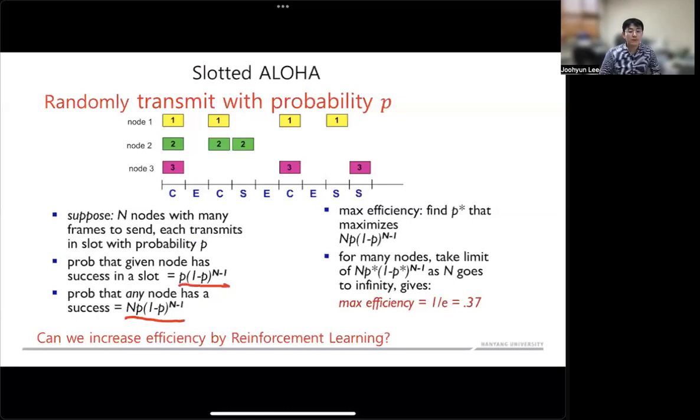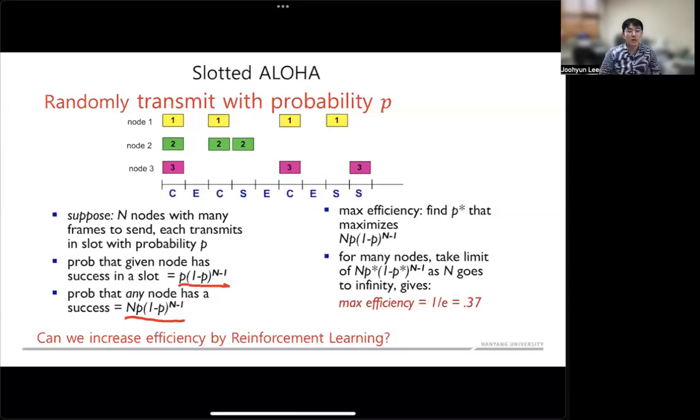If we have, let's say, 2 users, then the probability is 2 times p times (1 minus p), and it is optimized at p equals 0.5.